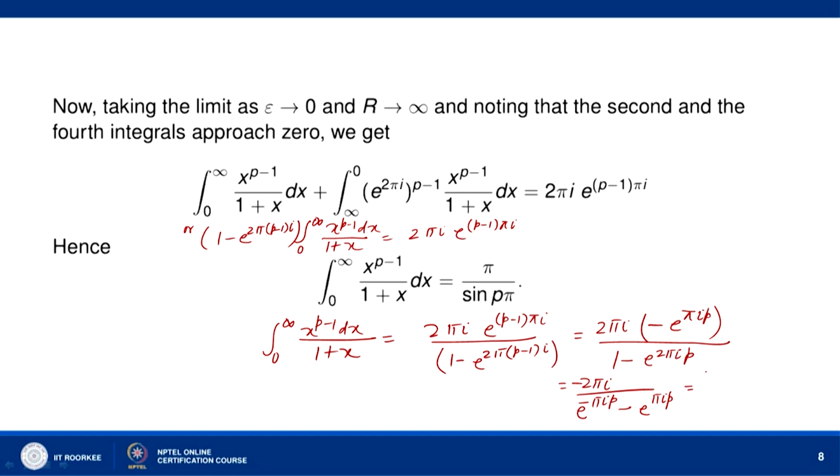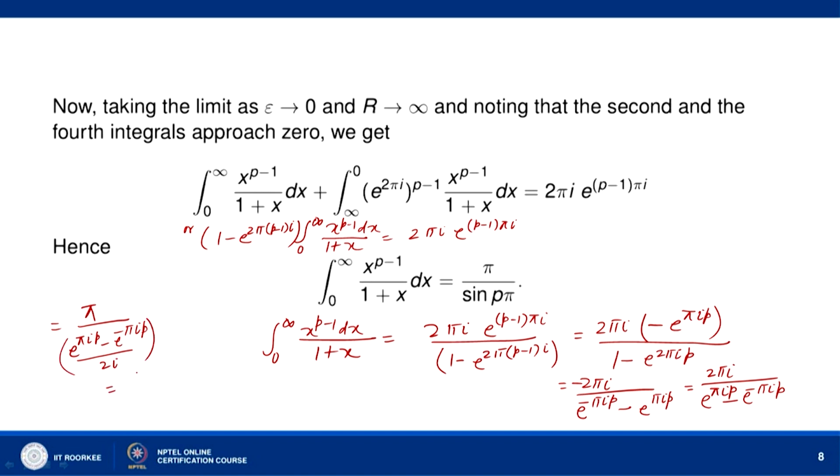Now, this is equal to 2 pi i divided by, because of this minus 1, e to the power pi i p minus e to the power minus pi i p. Okay. Now, this is equal to pi divided by (e to the power pi i p minus e to the power minus pi i p) divided by 2 i.